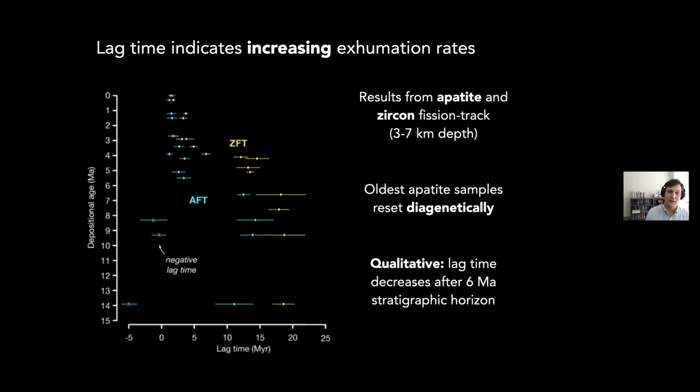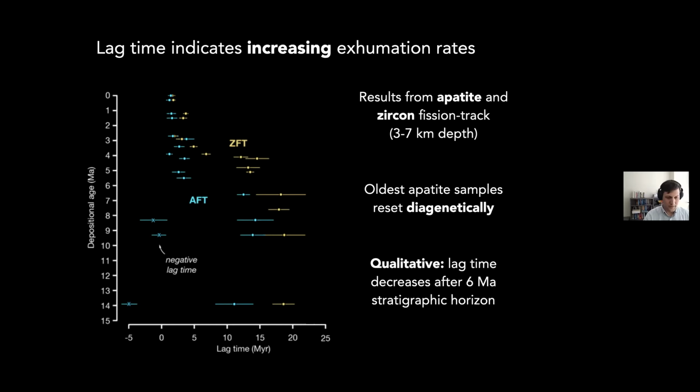You just should know that zircon fission track has a slightly higher closure temperature than apatite. So it's accessing a slightly deeper part of the upper crust, and it's responding to a change slightly later than apatite, which is shallower, and it would respond a little bit sooner to a change in exhumation rate.